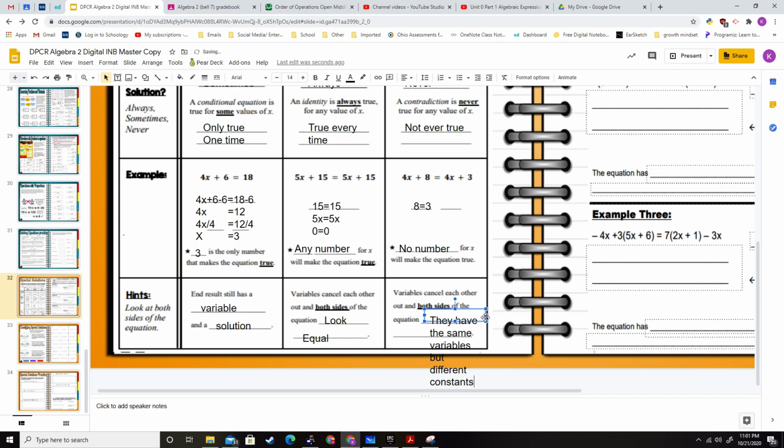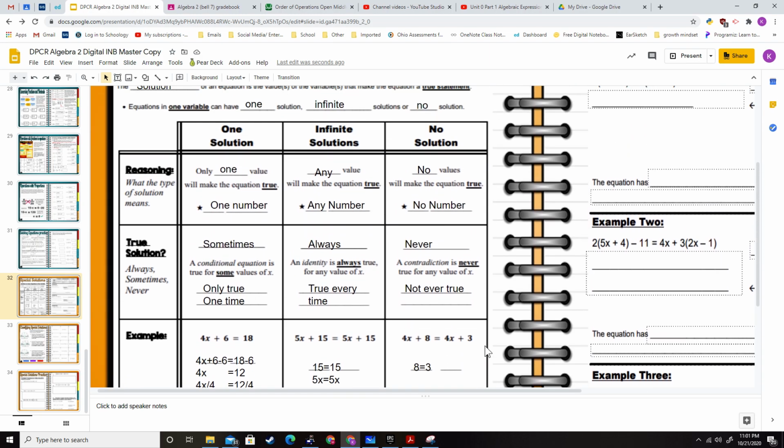And I'm gonna make sure I just pull this out a little bit so it can show up in a way that you could see. And there we go. So for situations like this, you'll have the same variable but different constants.